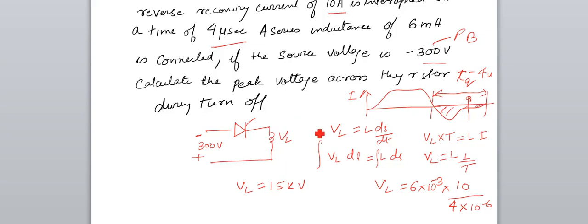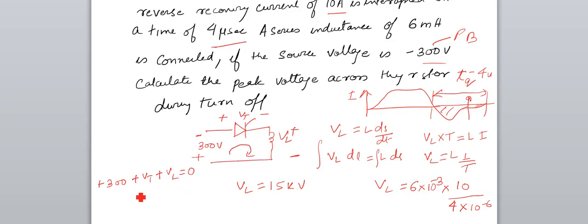Now 15 kilovolt is the potential, so the potential is like this. What is the VT here? You need to calculate the peak voltage. So you can write plus 300 plus VT plus VL equal to 0, the KVL equation here.